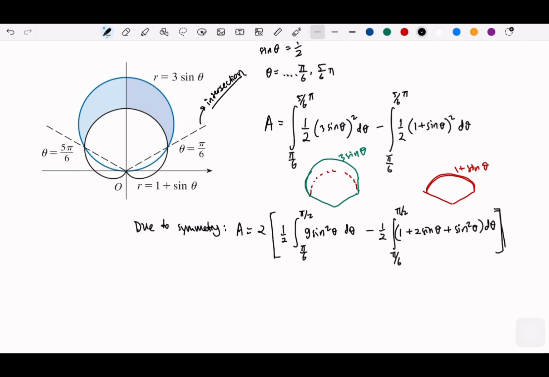And since it's the same integrations, I think we can mix both, right? We can mix and then cancel the half and 2. So this 2 can cancel with this.